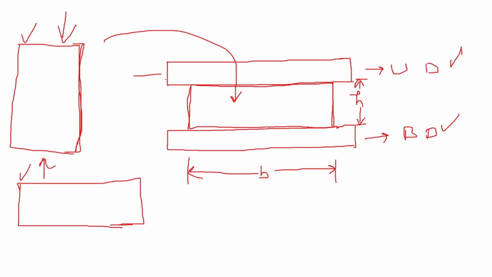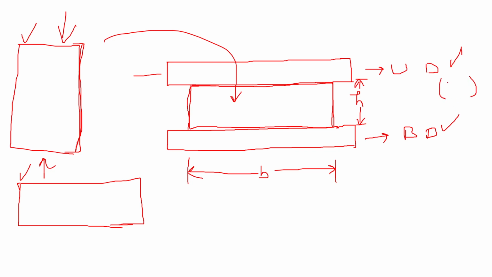Before proceeding ahead, we must remember what the friction conditions may be between these two surfaces: the friction may be very high, very low, or neither very high nor very low. If the friction is very high, what will happen? Your material, when you try to compress it, will not flow properly, and some bulging effect will be created.